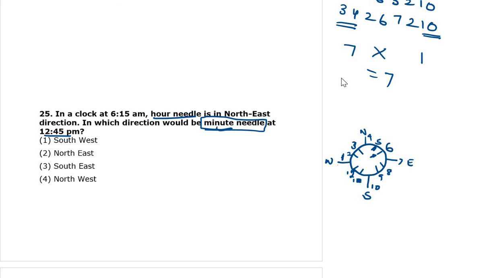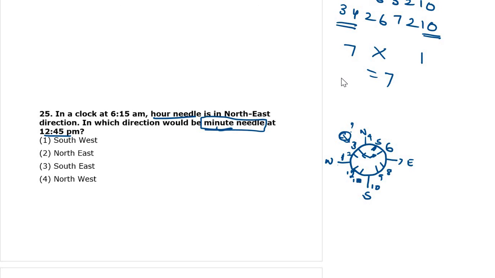Like that you have to draw, because 6 o'clock is in the northeast. At 6:15, 15 means the hour and minute hands are like that. This is the minute hand. 3 is here. Okay, this is 3. So this is our time, 6:15.